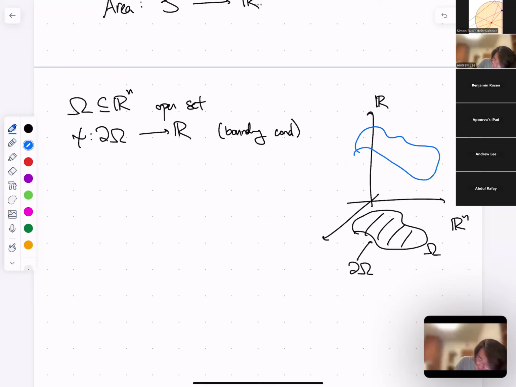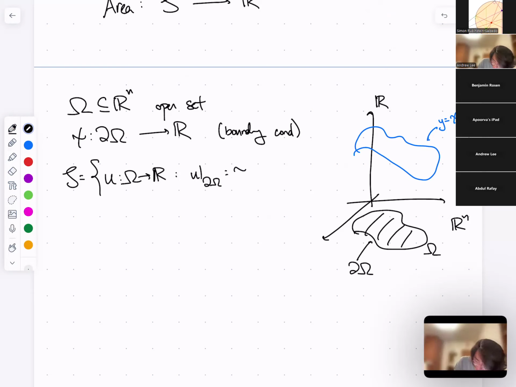This is y equals phi of x. Okay, then I want to look at the set of functions u from omega to R which agree with phi on the boundary. So functions u, where when I take the graph, it looks maybe something like this.